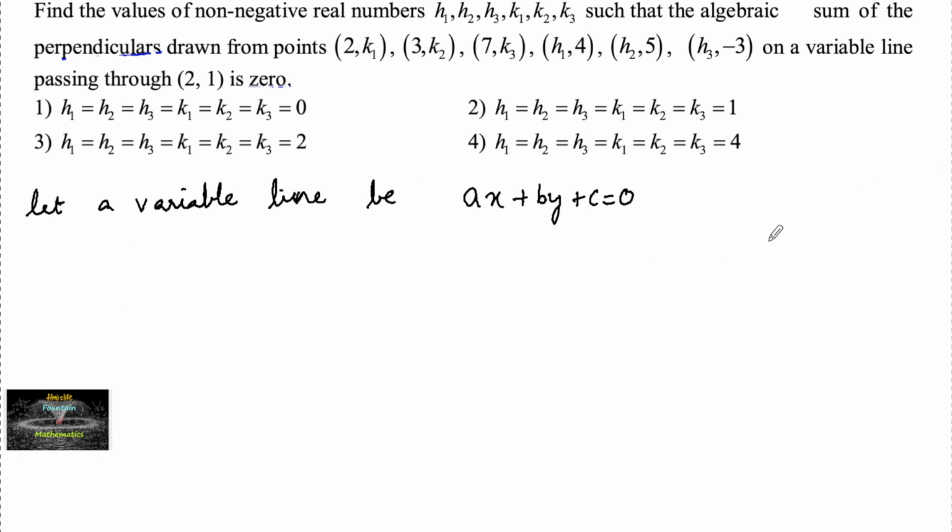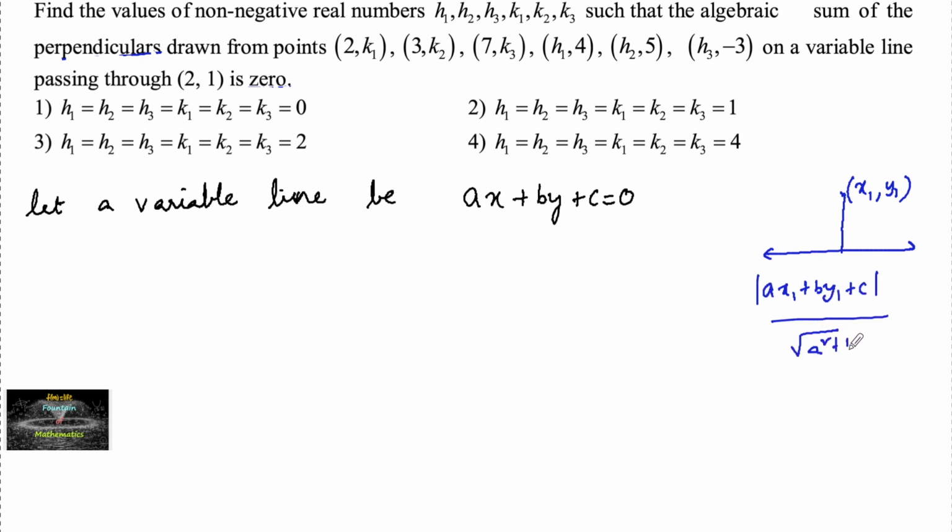We know that from any point (x1, y1), the perpendicular distance from this point to the line ax plus by plus c equals 0 is (ax1 plus by1 plus c) upon root over a square plus b square.